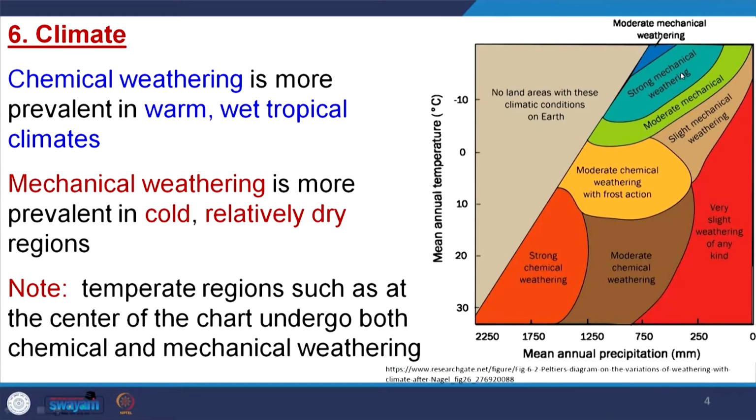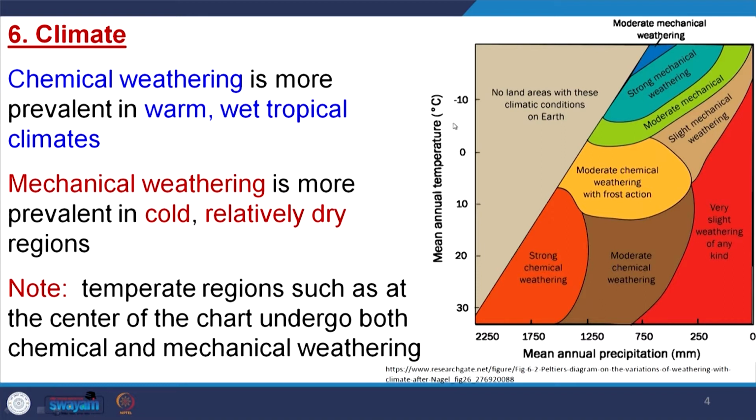Then climate. Climate plays another important role. If you see here, climate is mostly defined by heat or atmospheric condition and rainfall. Here you see the mean annual temperature: -10, 0, 10, 20, 30. Here is rainfall in millimeters. Now, if you arrange the temperature distribution and rainfall distribution, the whole earth can be divided into different climatic segments.